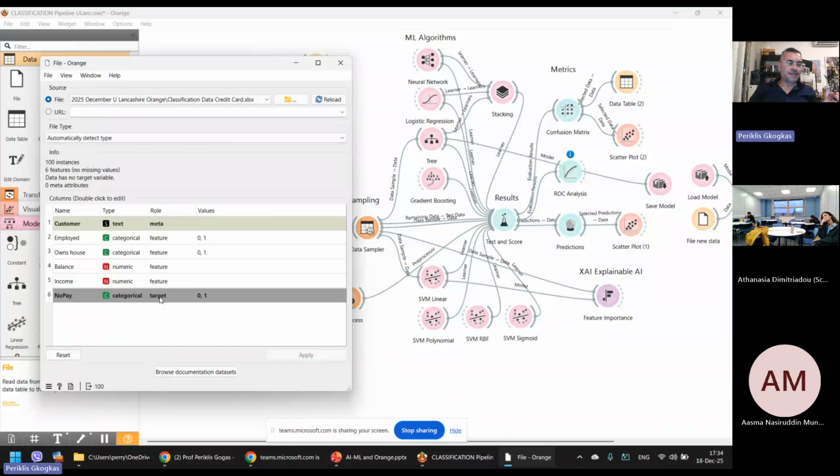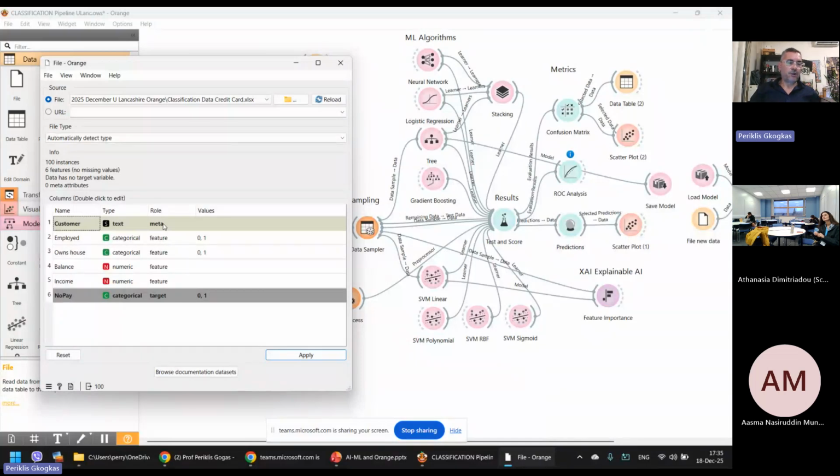If it is not automatically selected like a target, and it is selected like a feature, a normal variable, then you can do it by yourself, right? You can click here and say, okay, Orange, this is a target variable. Same thing with all the other variables. Customer here is not a variable, because it is just the customer number or the name.